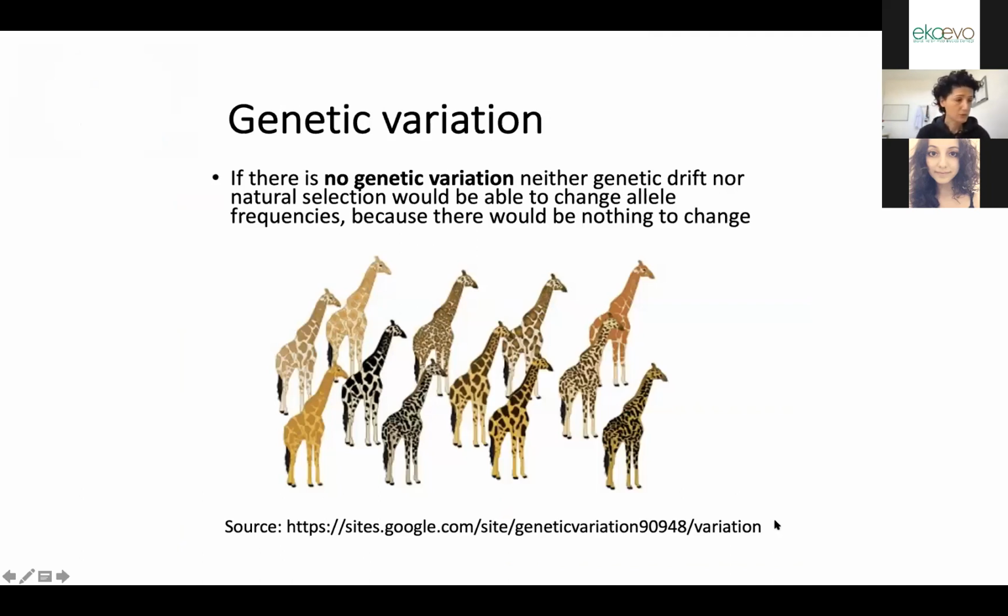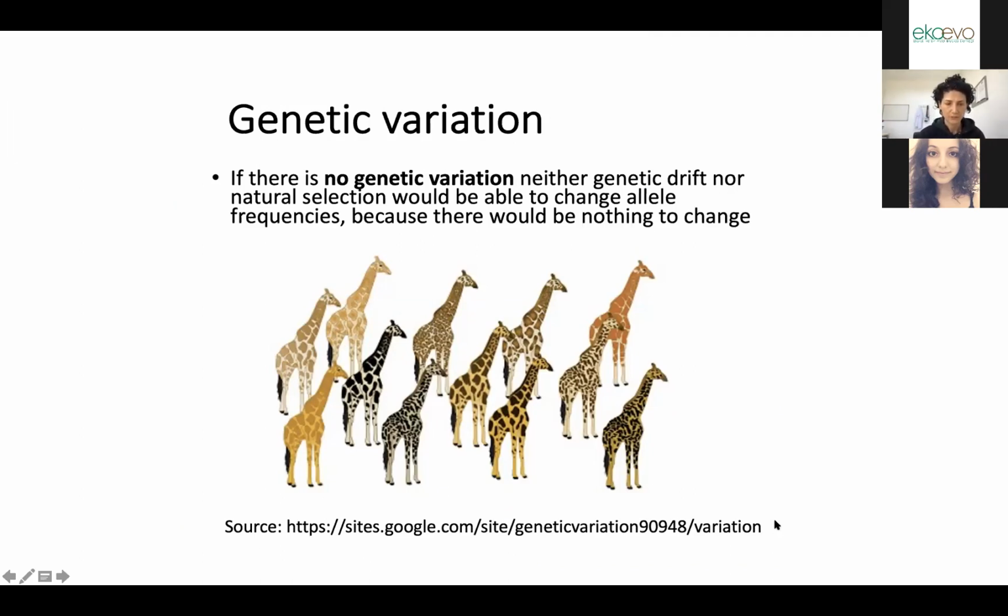So I would like to start with genetic variation. As you know, if there is no genetic variation, neither genetic drift nor natural selection will be able to change allele frequency, because there will be nothing to change.